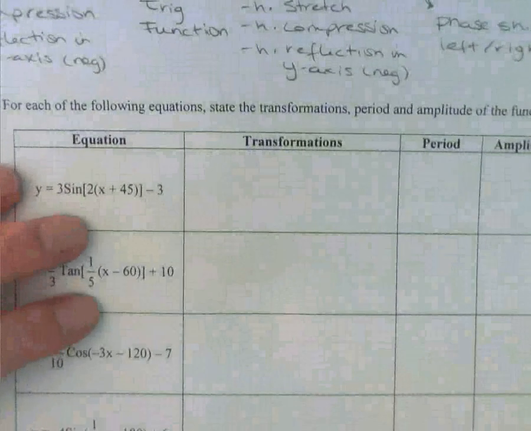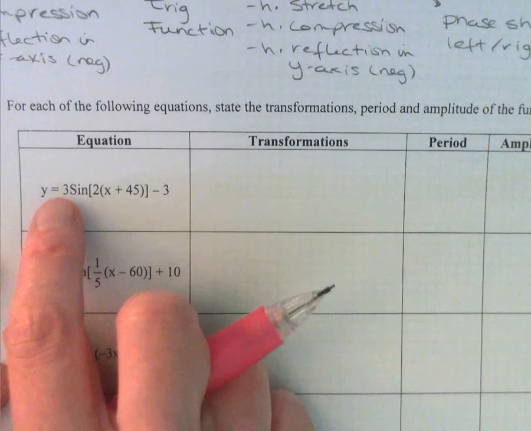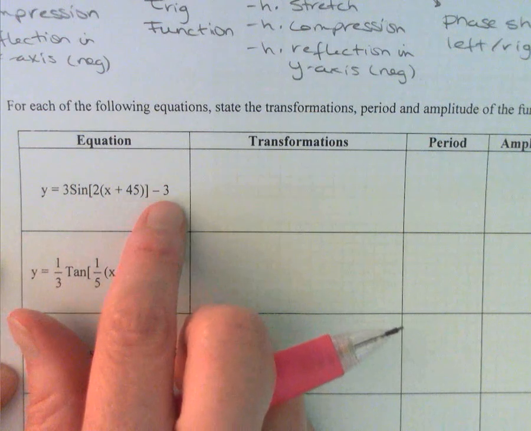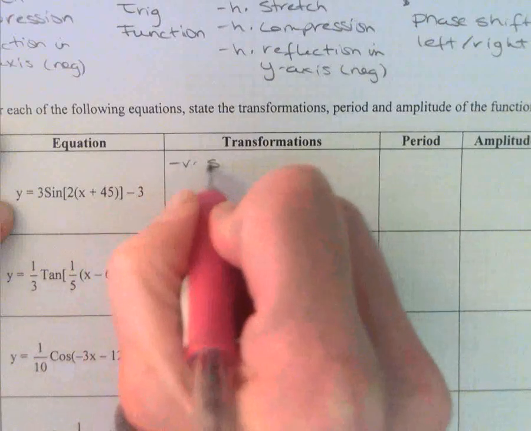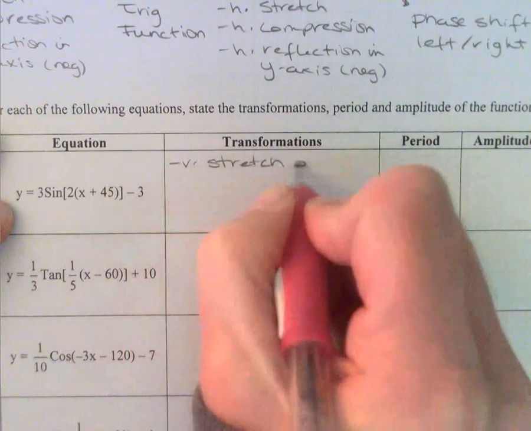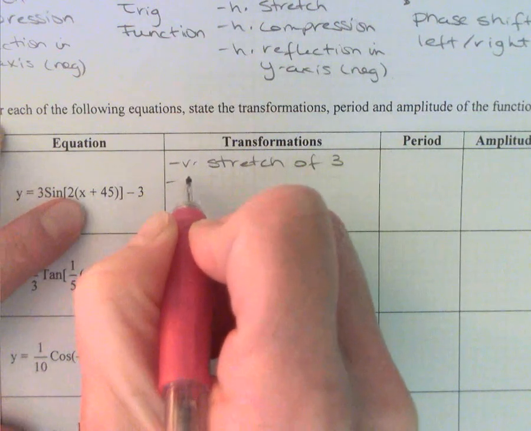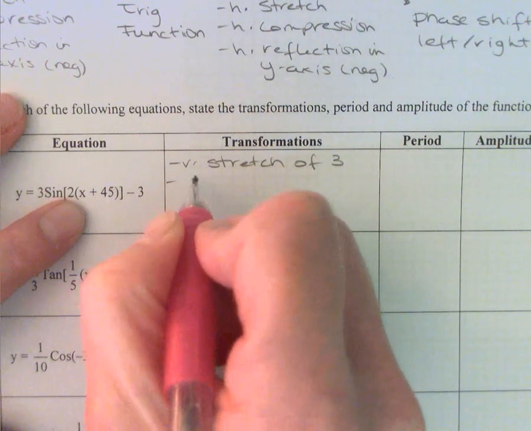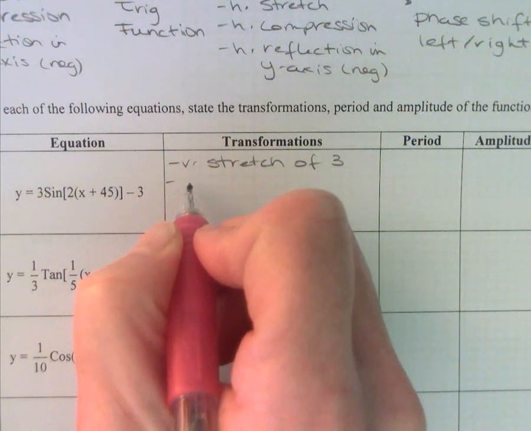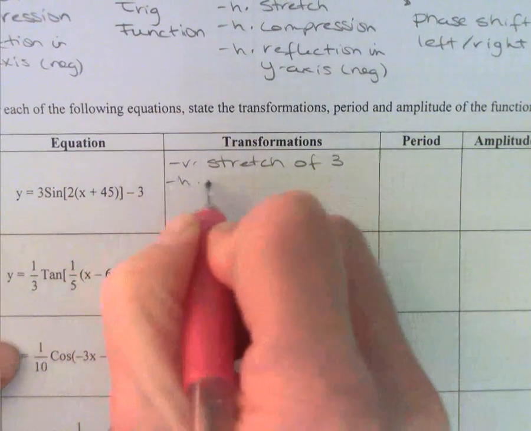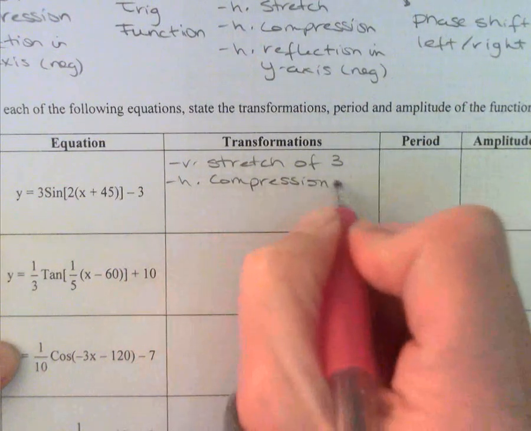Okay, so let's put that to work. So what are the transformations? We're going to go left to right. We're going to do the 3, the 2, the 45, and the minus 3. So the 3 would be a vertical stretch of 3. The 2 would be, again, brackets are going to lie. So instead of being a horizontal stretch, which you might think, because the brackets are lying, it's actually a horizontal compression of 2.